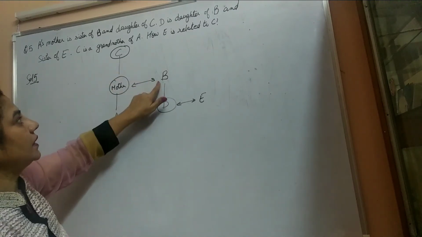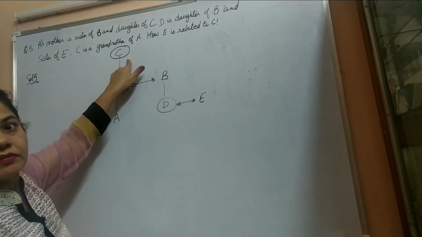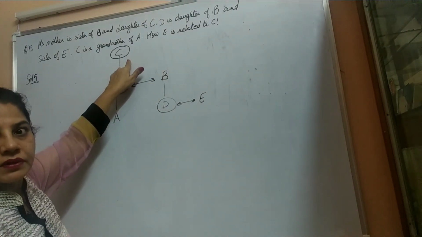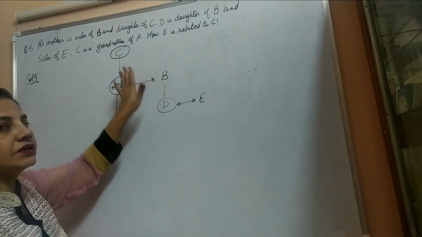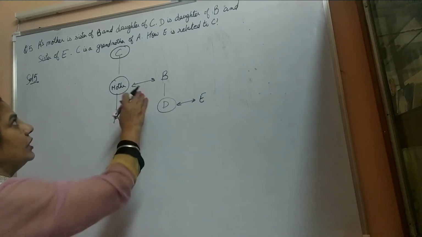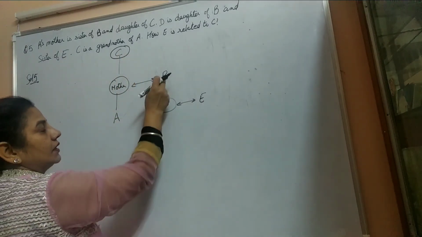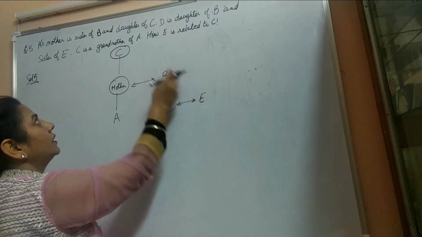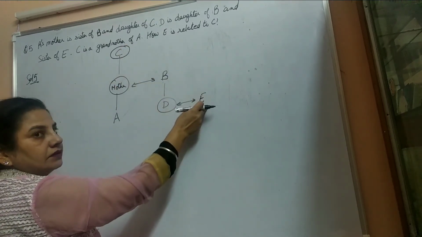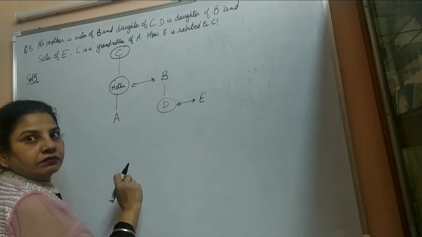It means that B is a child of C. We don't know the gender of B, but we can say B is a child of C. If B is a child of C, and B's child is E, then C is a grandparent of E.